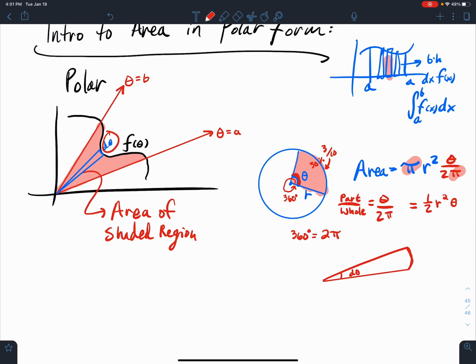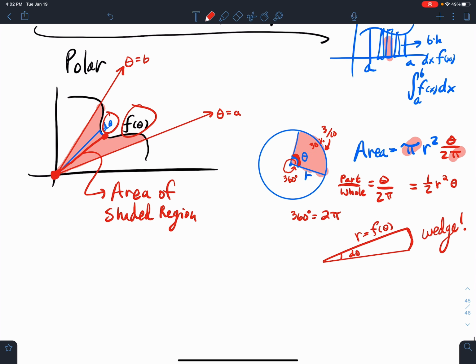The radius r is that distance from the origin to the curve f of theta. So r is equal to f of theta. Okay, it's this little wedge. And so my formula becomes 1/2 r squared theta.